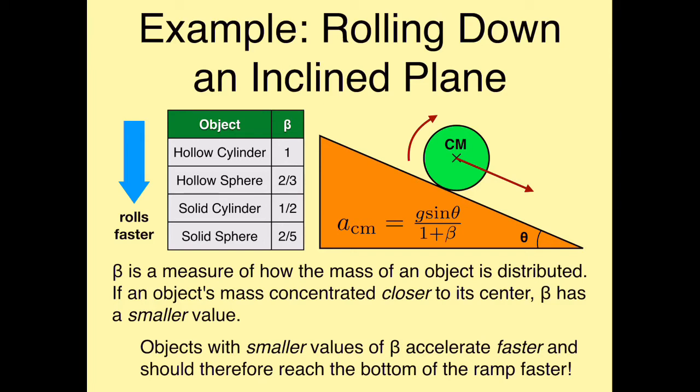So in the case of a hollow cylinder, the mass is very spread out from the center. In the case of a solid sphere, it's very concentrated towards the center. That's what beta is telling you. And again, objects with smaller values of beta, with mass more concentrated towards the center, are going to roll faster down the ramp, okay?